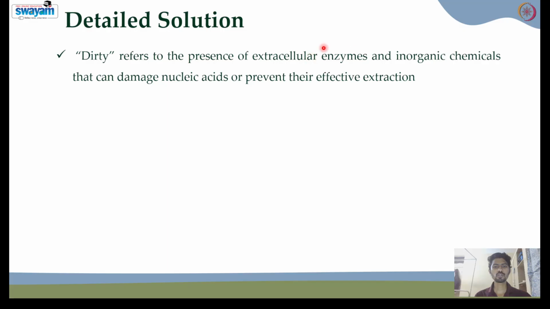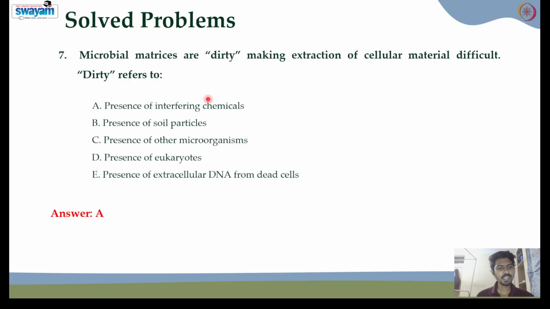because here dirty refers to presence of extracellular enzymes and inorganic chemicals that damage the nucleic acid or prevent their effective extraction. Now we will see why other options are not. So the option B, the soil particle is also a part of microbial matrices, right?